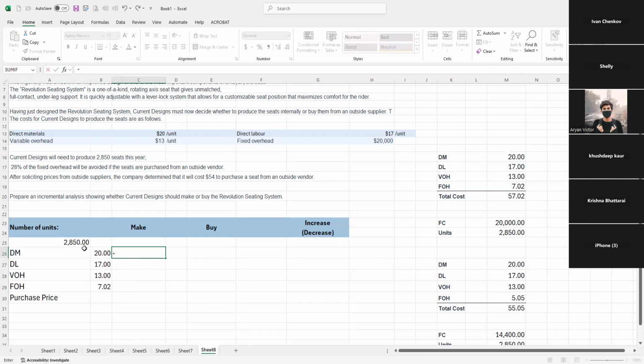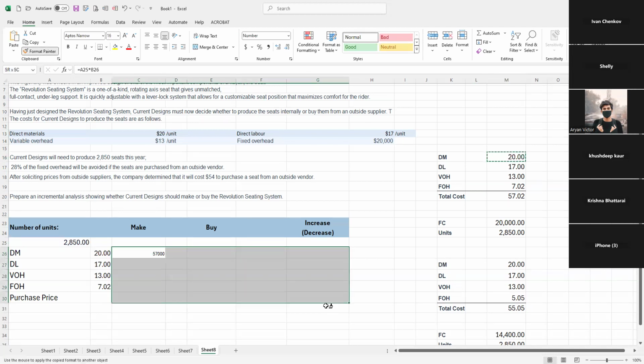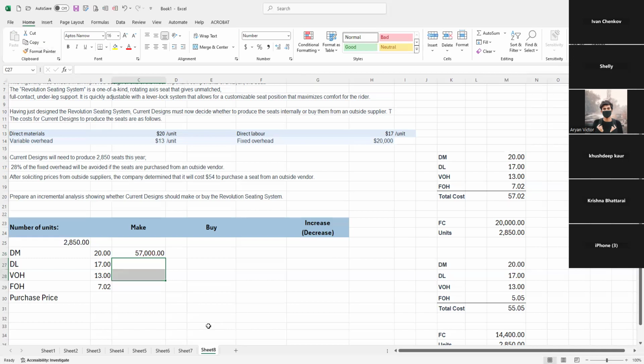In total it will be this one times that one. 57,000. Then the next one will be 17 times this one, 46,450. Then we have this one times that one, and the next one, fixed cost, will be 20,000, right? Yes. It should be 20,000.